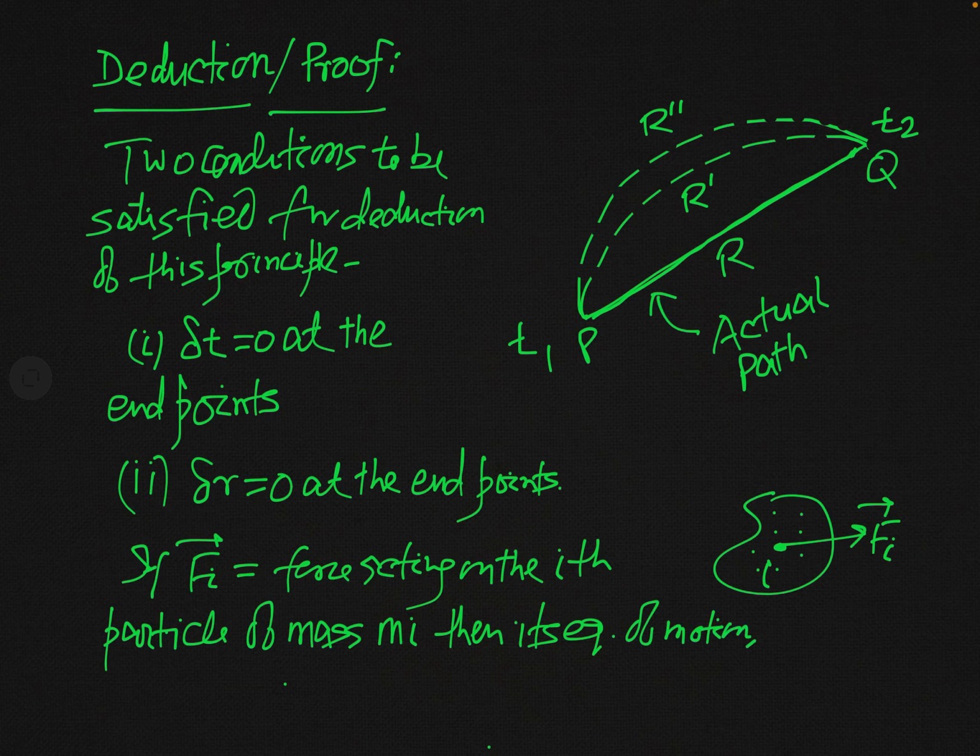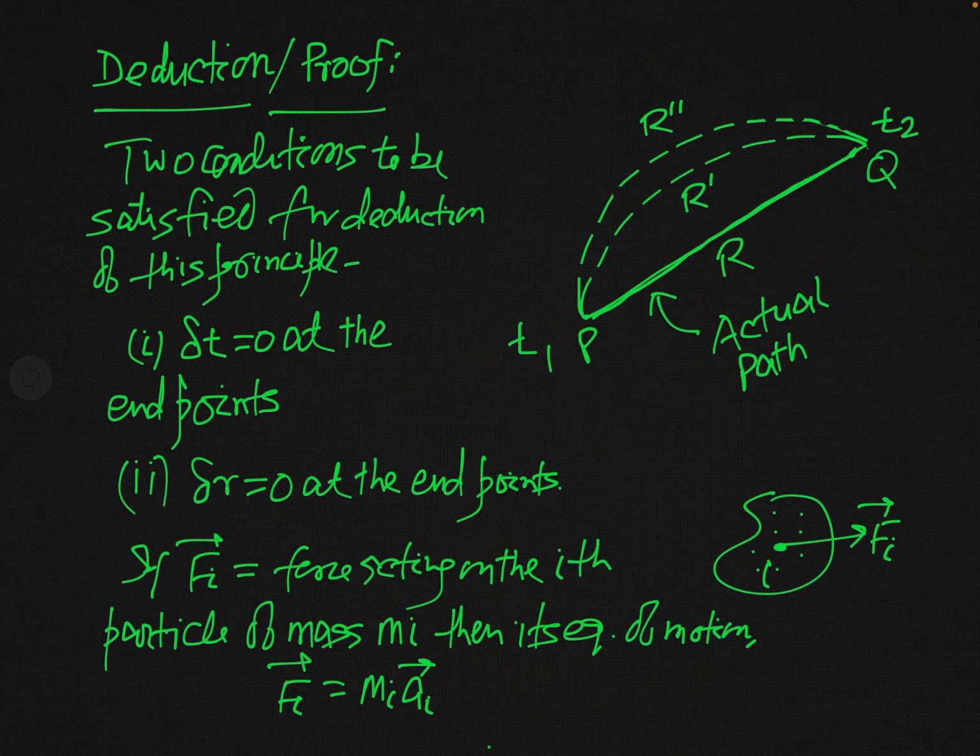What will be its equation of motion? As I have told you, when you say equation of motion, it means we will write the second law of motion. So you know this will be Fi equal to mass of the particle times acceleration of the particle.